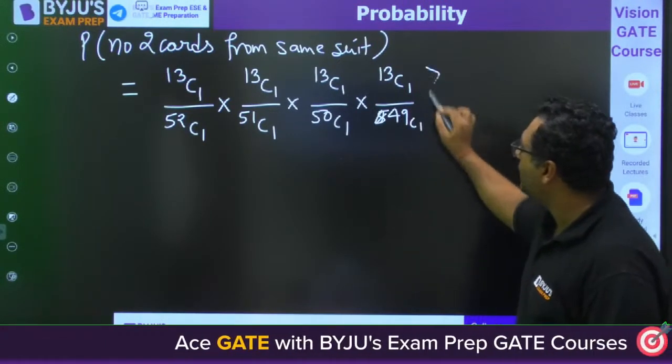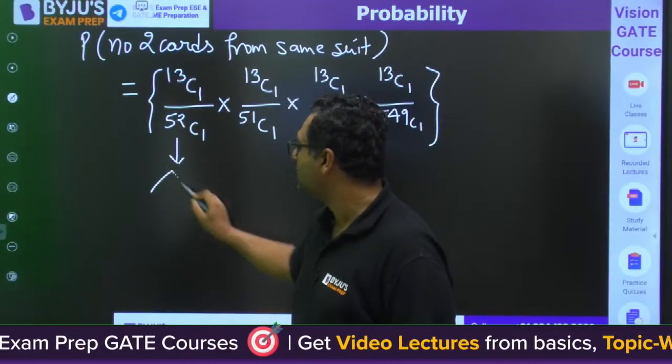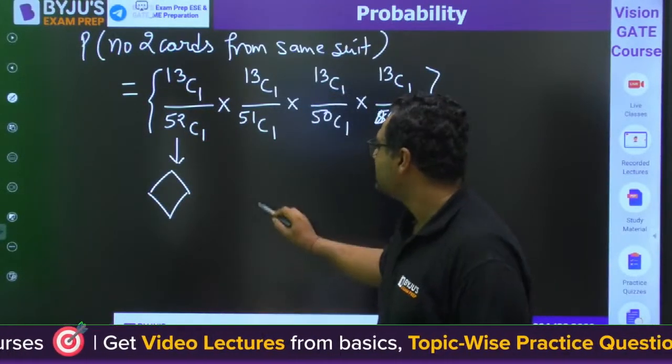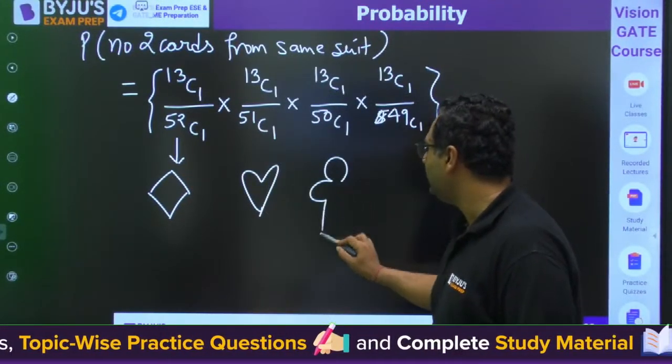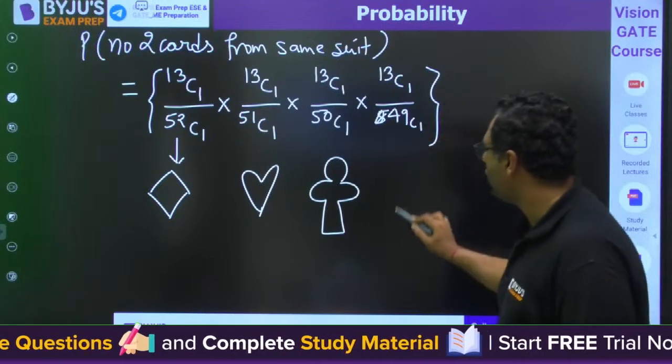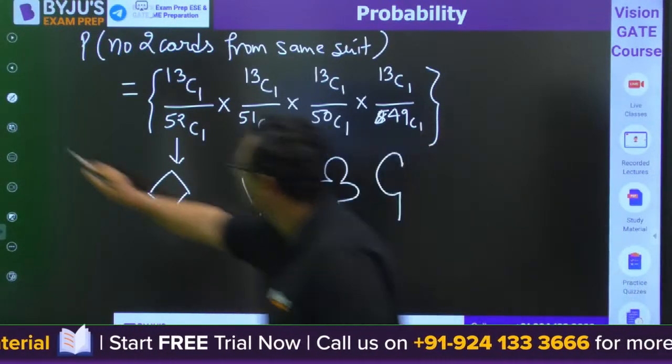You can assume maybe first one is diamond, second one is heart, then third one is this, fourth one is this.